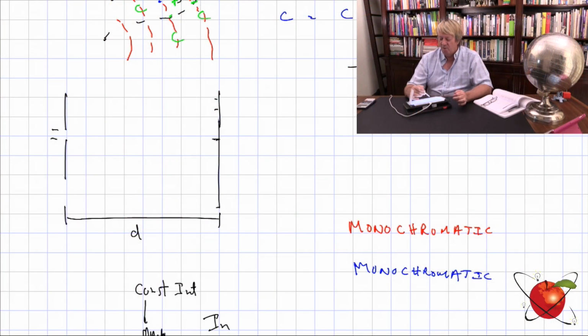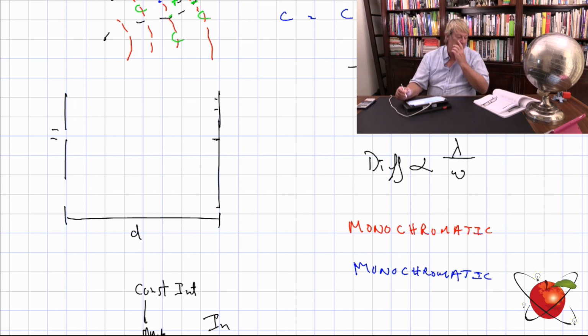Now, remember we said that the degree of diffraction was proportional to wavelength over W. Let me just check that those were the symbols, because of course they're all different. Sometimes they use D as the gap, all right? It's proportional to that, right?